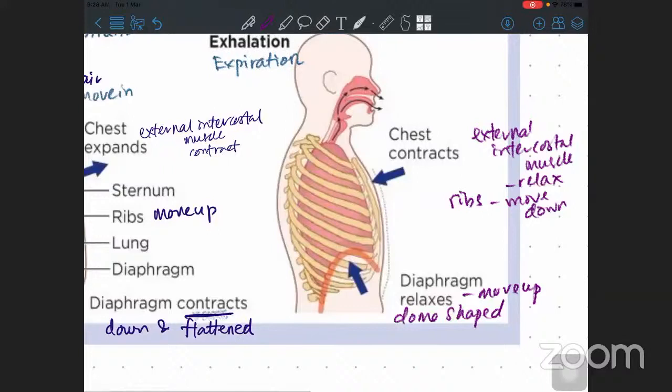Lastly, the volume goes down and the pressure goes up, so the air will move out. This is the whole thing that happens in our respiration, the breathing.